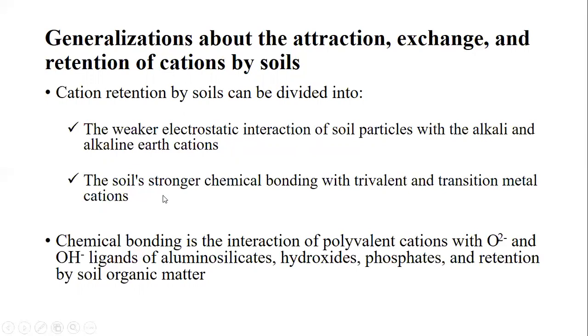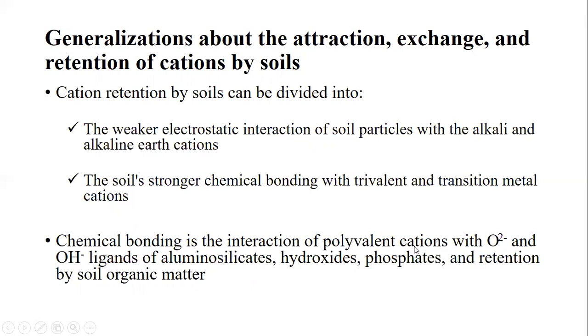Then there is the soil's stronger chemical bonding with trivalent and transition metal cations. Some other metals are attracted with chemical bonding involved, the ones that are trivalent and the transition metals of the periodic table. Chemical bonding is the interaction of polyvalent cations with O2 and OH- ligands. When we have bonding, that means there is an interaction.